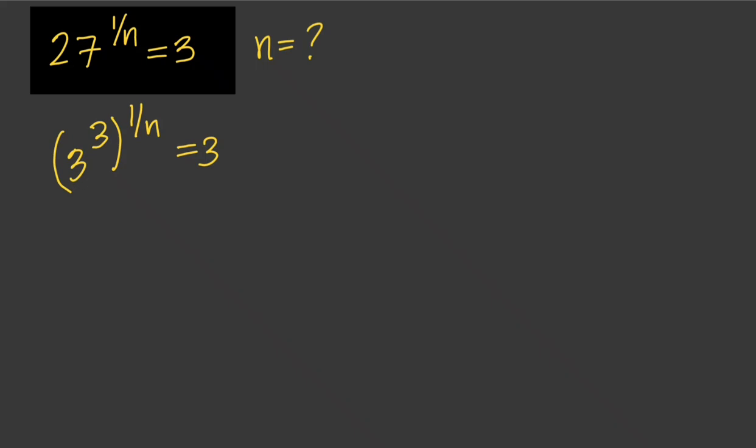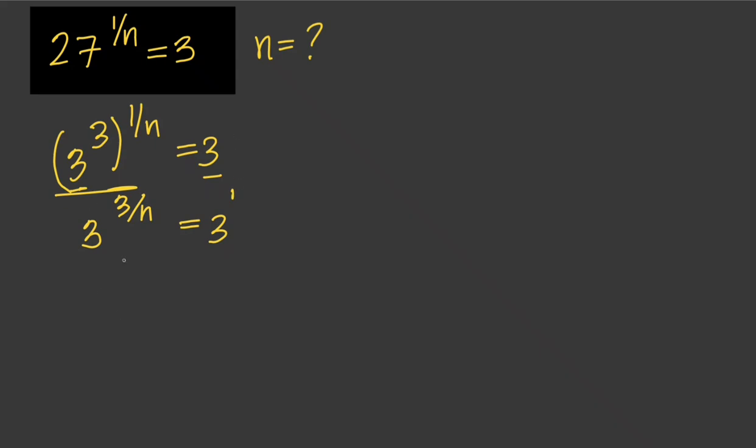So we have 3 here as our base on the left, and then 3 on the right to the power of 1. Let's simplify this expression by using the power rule. That would be 3 to the power 3 over n, because you can just multiply the exponents here. 3 times 1 over n is equal to 3 over n. The exponent of 3 on the right is 1, understandably.